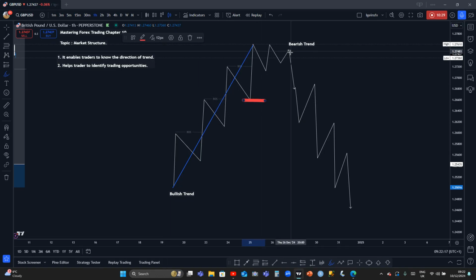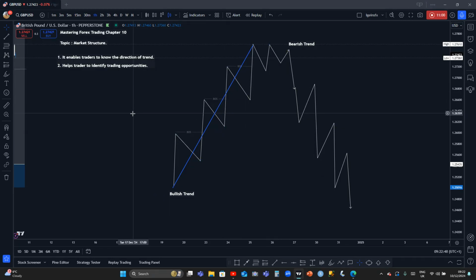Once you see a trend coming down to take out this low, if it comes down below this low, this last support level, we'll say that a change of character has happened. What do we mean by change of character? That is change of trend from being bullish to bearish.